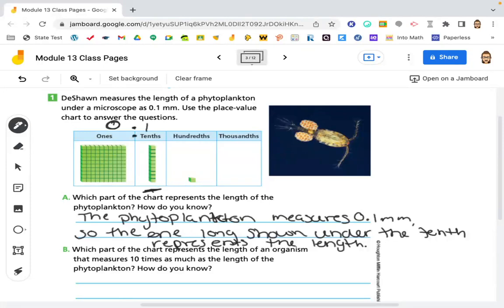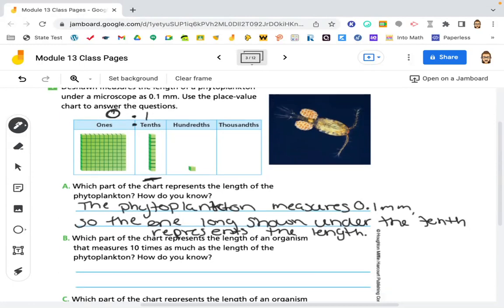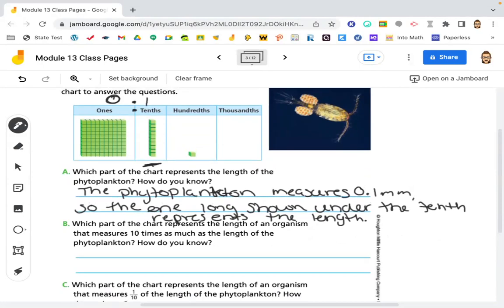So which part of the chart represents the length of an organism that measures 10 times as much as the length of the phytoplankton? Well, if you recall, when we're dealing with whole numbers, each place value is 10 times that of the one to the right of it. So going this way is times 10.